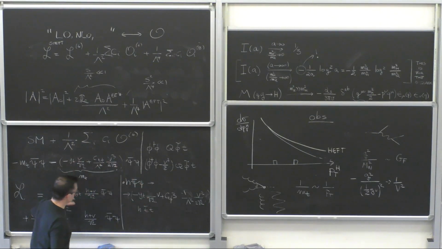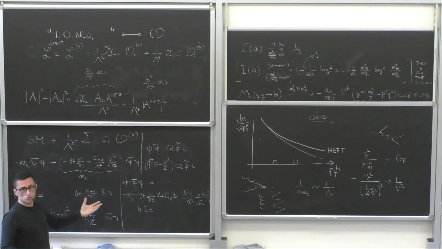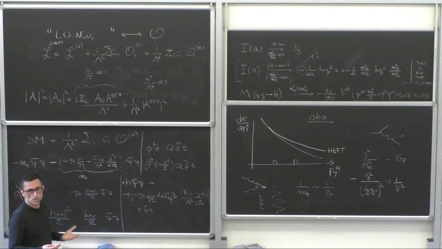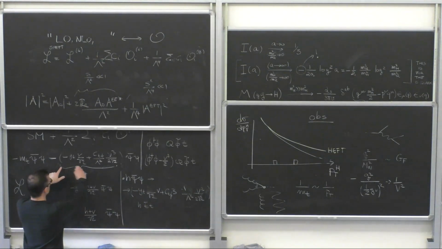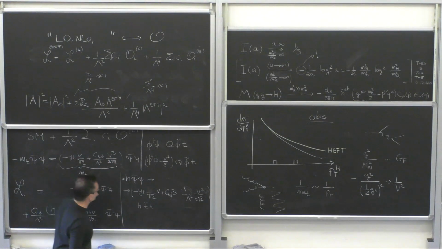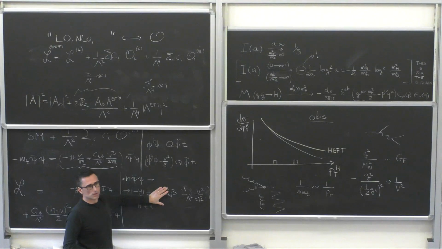Otherwise, you have to do this trick, which I wanted to show you because that's always what we do in this method. We redefine the coupling. But at the end of the day, it means that the coupling here is unrelated to the coupling in front of the interaction.